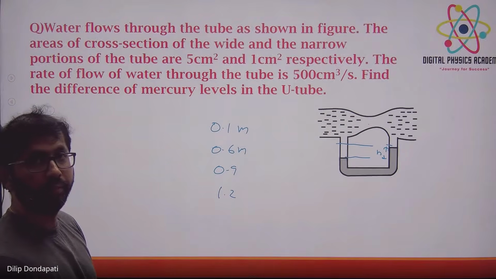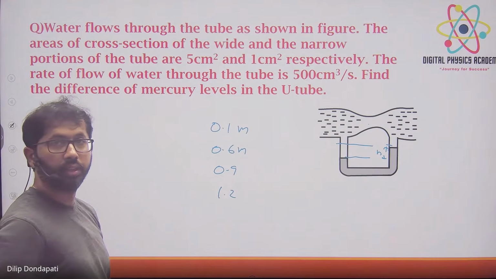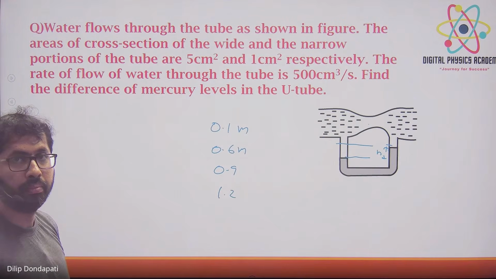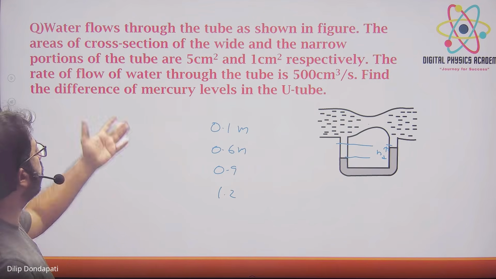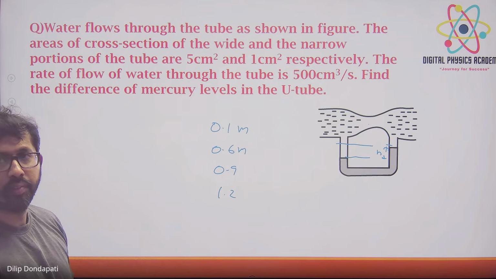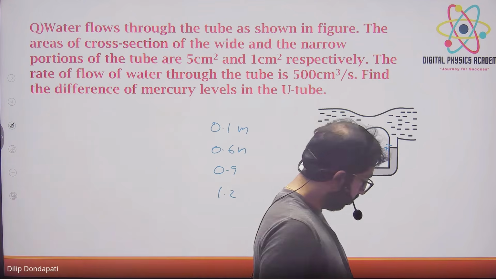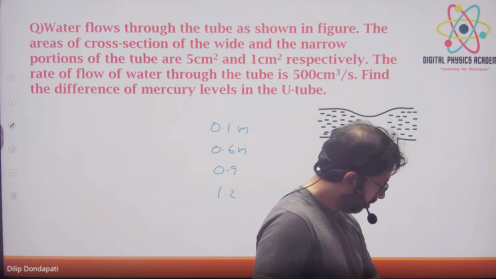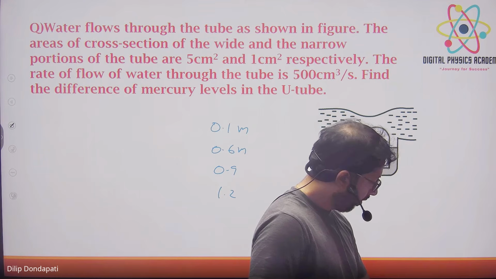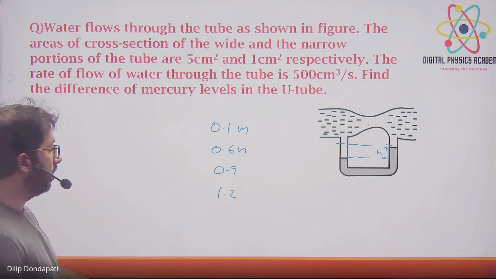Like a manometer, it is a difference of height. Since Q is given, use the formula for Q, directly it will come. Oh, 1.2 meters, yes. This answer is 1.2 meters.